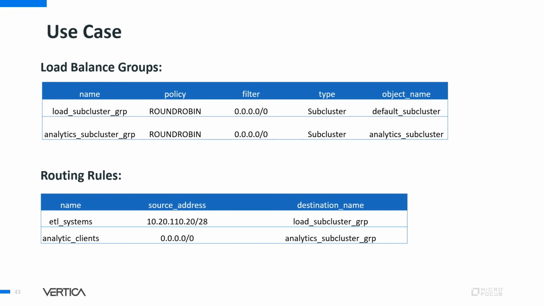For example, for the first load balance group, I set the IP range which I'm going to allow for ETL jobs. Next, I don't have any filter set, so all other jobs will be routed to the analytic subcluster group. I'll show you what is exactly happening in the background once you set these routing rules.